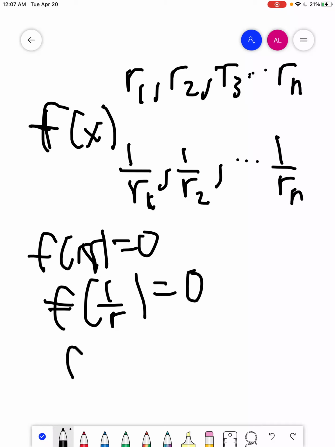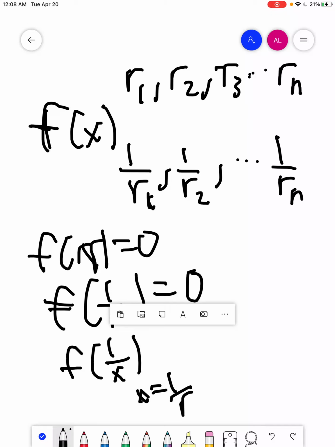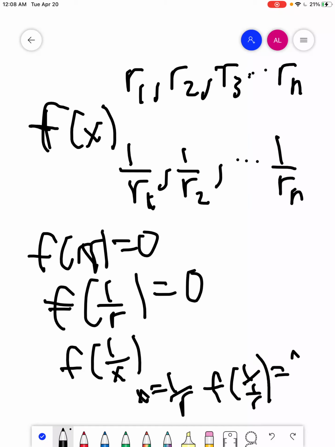This function can be given by f of 1 over x, because if I plug in 1 over x equals 1 over r, then that ends up being the same as f of r equal to 0.